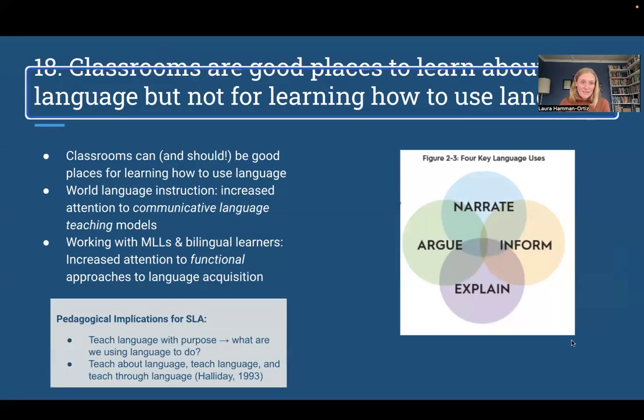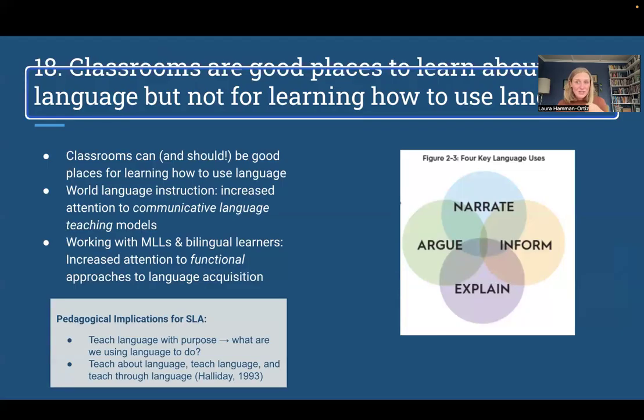So some pedagogical implications then are to teach language with purpose. So continually be asking yourself, what are we using language to do? I really like the way Michael Halliday frames how we should think about language in the classroom: that we should teach about language, so thinking metalinguistically about how language is structured; teach language, specific words and phrases and structures; and also teach through language.